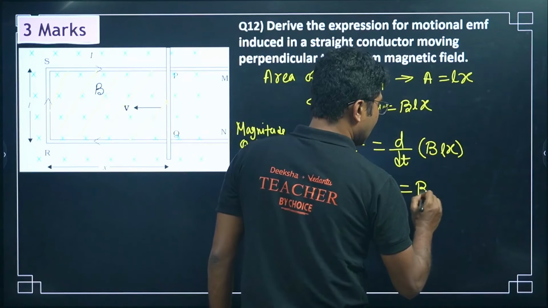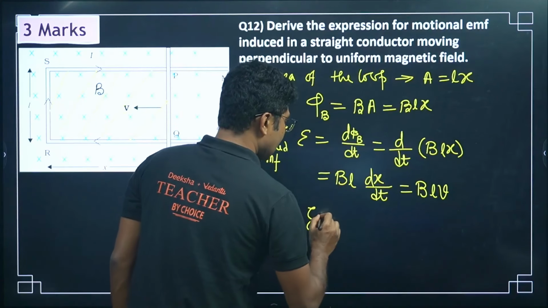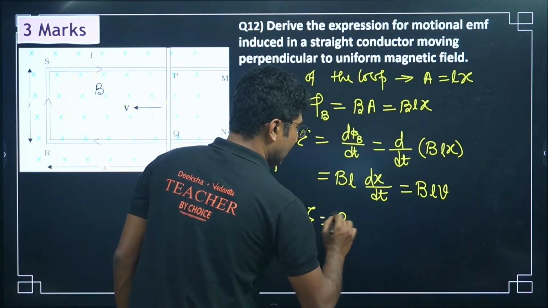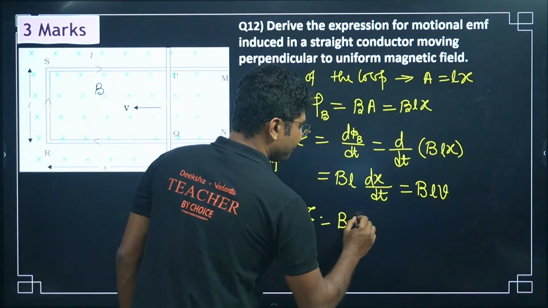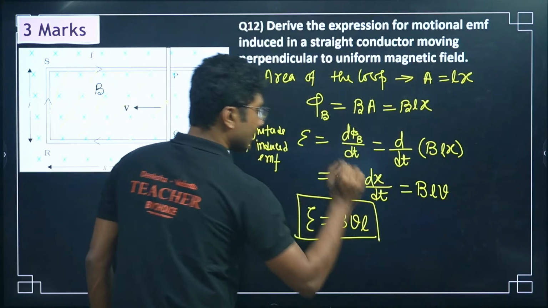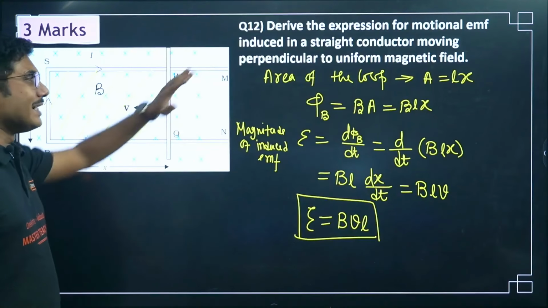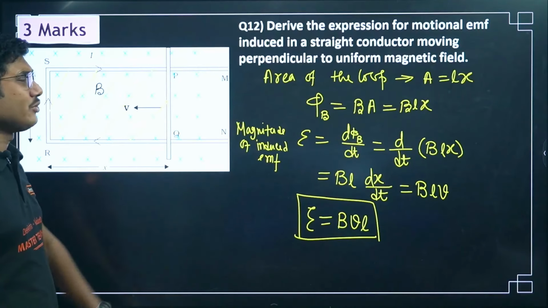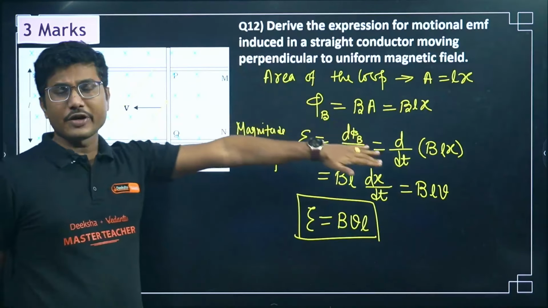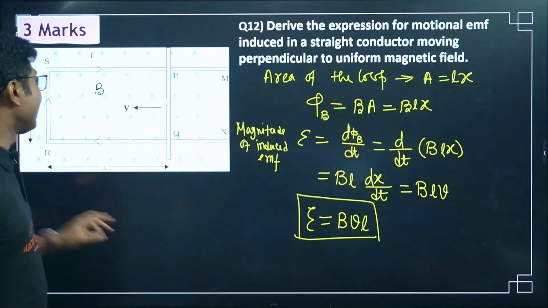So it will be B L v. Sometimes we write this as B v L. So B v L is the expression for induced EMF in this particular circuit. Just remember this derivation, a very easy derivation: calculate the area, differentiate it, and put dx by dt as v, and you will get the expression.